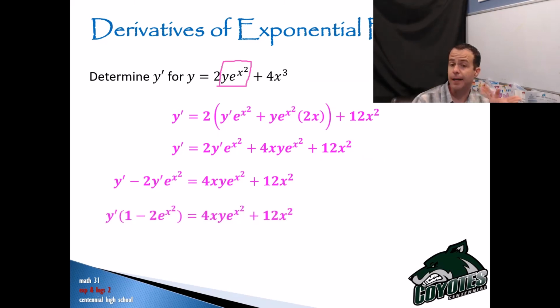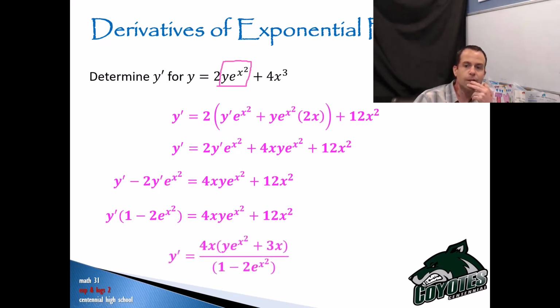And I'll just divide both sides by 1 minus 2e to the x squared to get y prime all by itself. I also want to take a look at this side here, and I can see I could factor out a 4x, so I want to do that as well. So I factored out a 4x from the top. That left me with y e to the x squared plus 3x all over 1 minus 2e to the x squared.